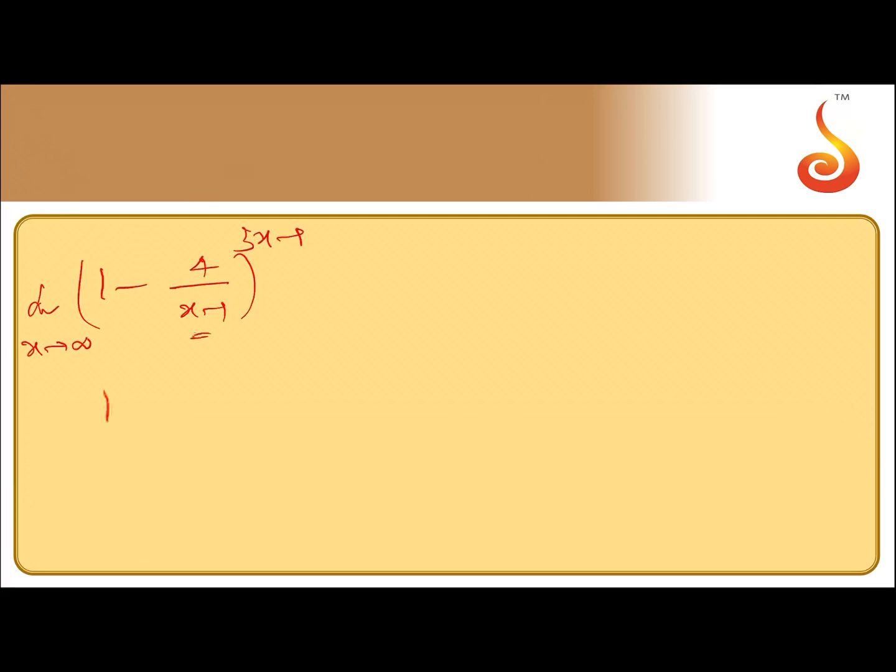This can also be written as 1 plus minus 4 divided by capital X, to the power of 3 times x minus 1. Similarly, it can be written as 3 times x minus 1, minus 3 plus 4. So therefore, we'll be getting 3x plus 2.